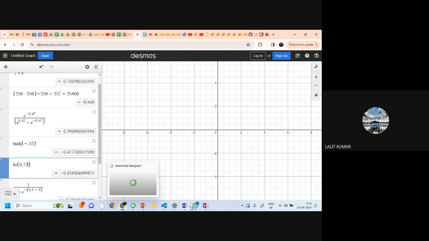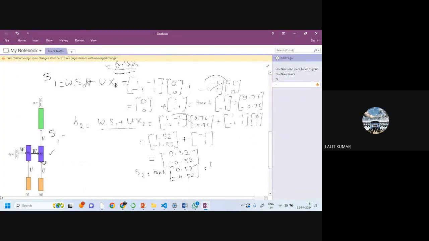Yes, but somewhere we are making some stupid mistake. S1 is clear, no? Up to S1, 0.76 and minus 0.76 is okay. So after calculating S1, we calculate H1.